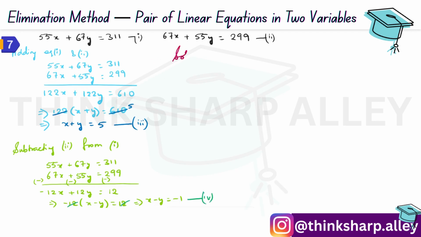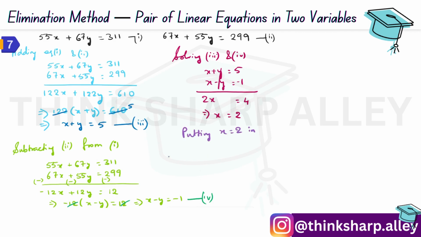Now we will solve these two equations, 3 and 4. No need of changing sign over here. Y gets cancelled anyway, plus y minus y. And x plus x is 2x equal to 5 minus 1 is 4. So x is equals to 2. Now obviously I'll put in equation 3 or 4.